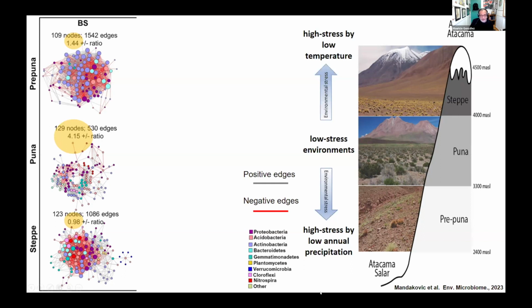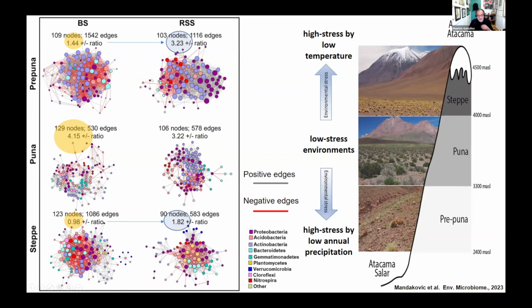Therefore, our results did not support the stress gradient hypothesis because the positive to negative ratio of interaction between bacterial taxa did not increase under higher stress environments of this altitudinal gradient. However, in the root zone, where the plant community appears to moderate the abiotic stress gradient, the positive to negative ratio of the rhizosphere increased compared to the bulk soil.